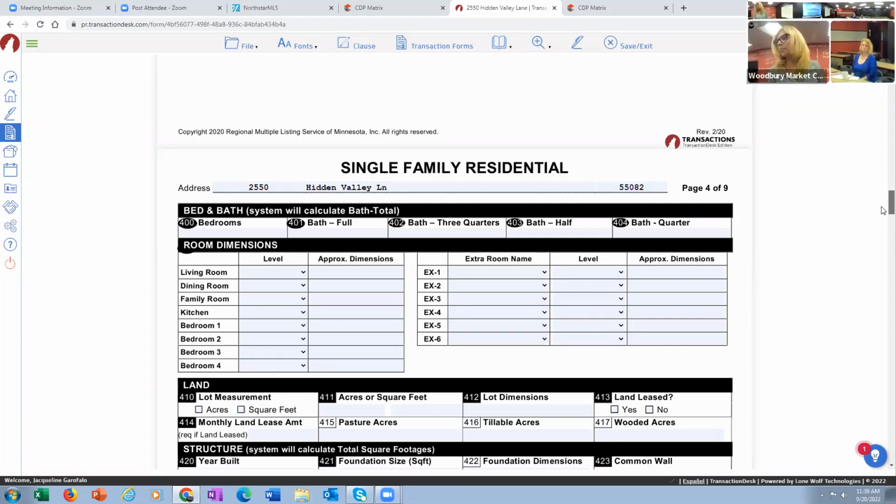You have to manually take all those measurements. And in the MLS, at the very end, in agent remarks, I always say agent or buyer agent to verify all measurements, period. I don't get deemed at all on that, I just say to verify.